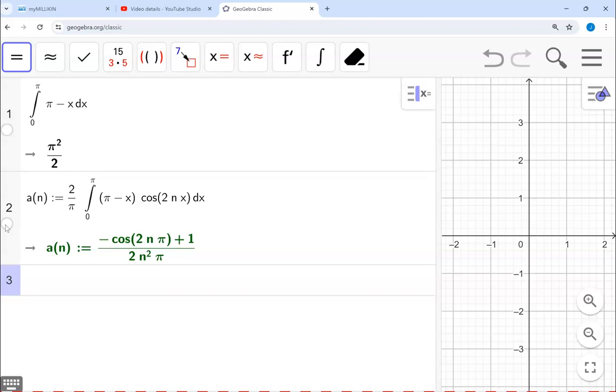Okay. What changes for the other coefficients for your b of n? What's the difference between your a's and your b's? It's just sign, right?